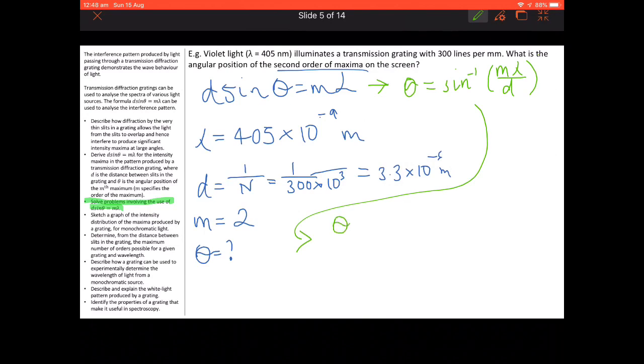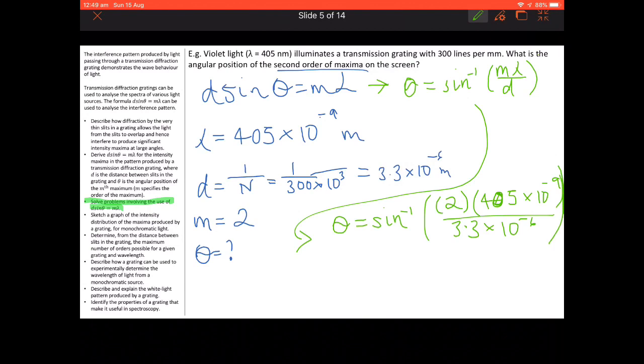So theta is equal to inverse sine of m, which is 2, lambda, which is 405 by 10 to the negative 9, and then divided by d, which is 3.3 by 10 to the negative 6.